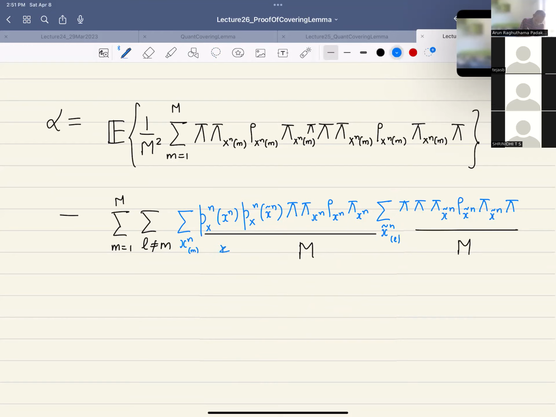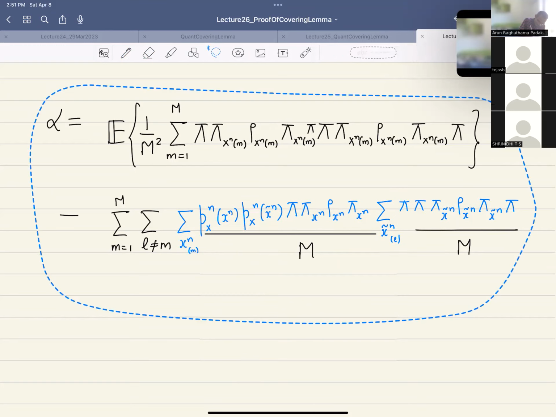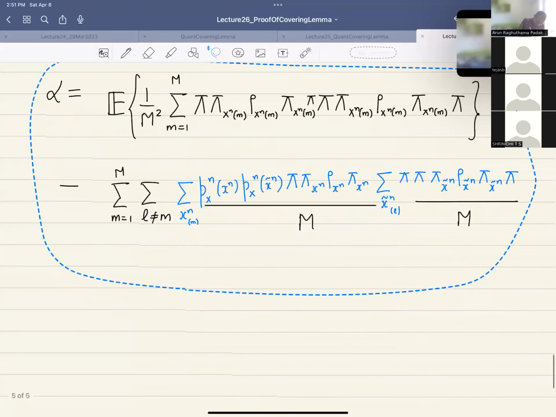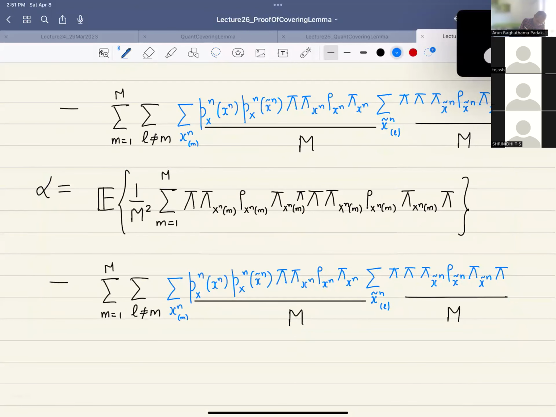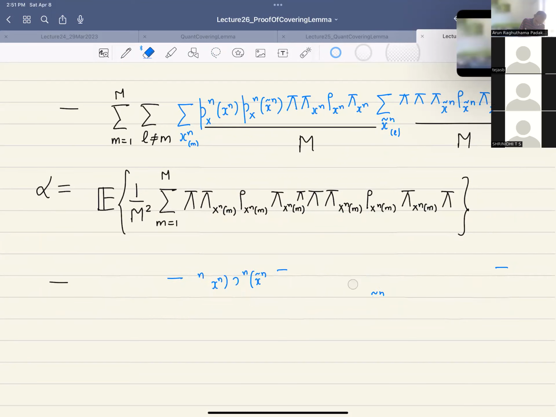Okay, so that means I can write the second term is identical to this. Just one second. Let me write this down and then I'll show you the entire thing. So I claim this is the following.